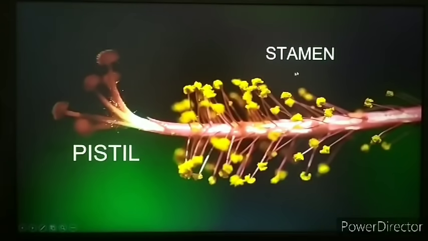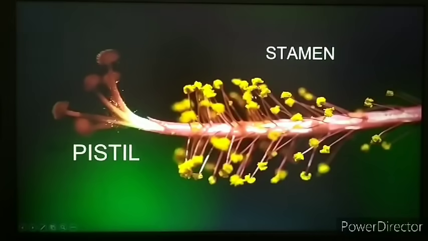Yes, it's called the stamen. Then, which part of the flower is responsible to receive the pollen grains? Yes, very good. It's the pistil which takes the pollen grains and further proceeds with the process of fertilization.